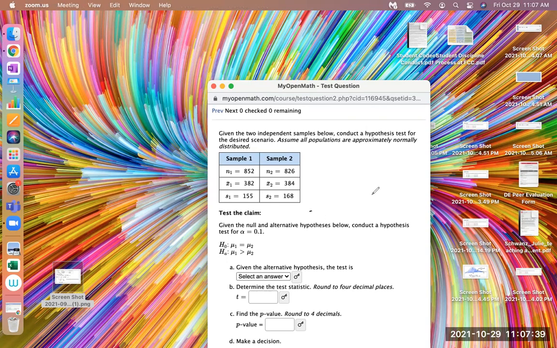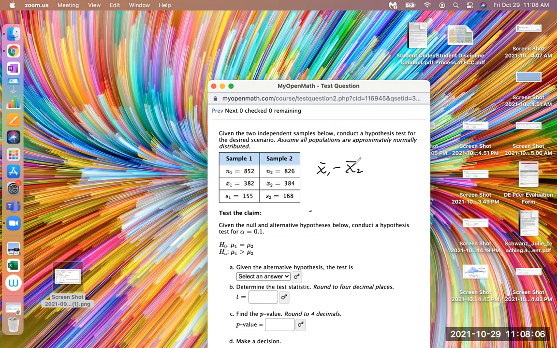Now, in the calculation of the test statistic, whatever population is listed on the left, and they usually try to keep the 1 on the left and the 2 on the right, we do the sample mean of sample 1 minus the sample mean of sample 2.